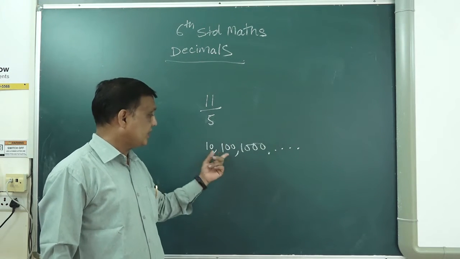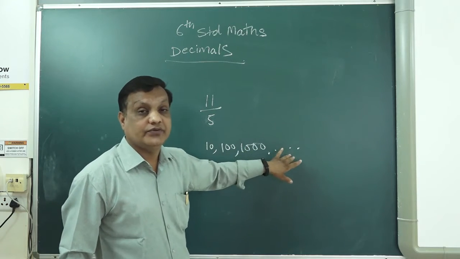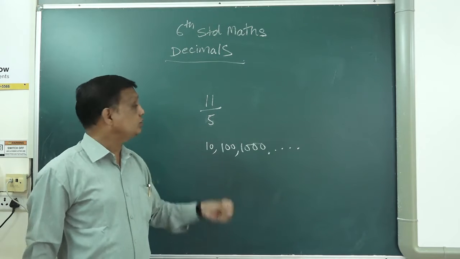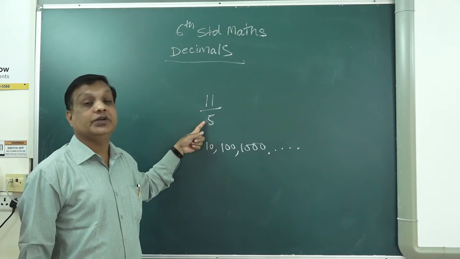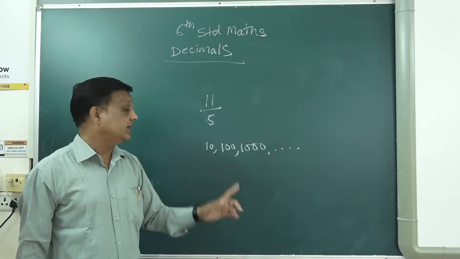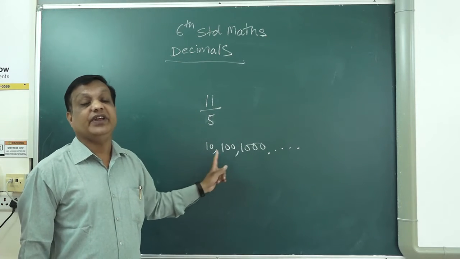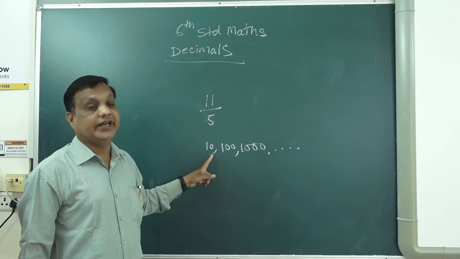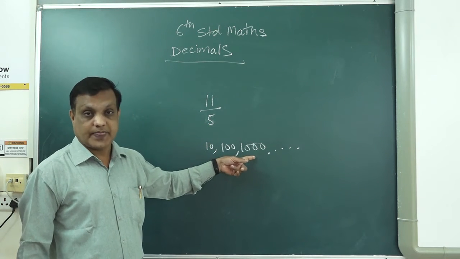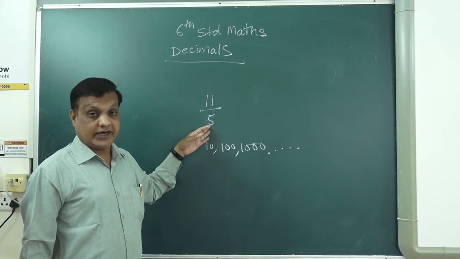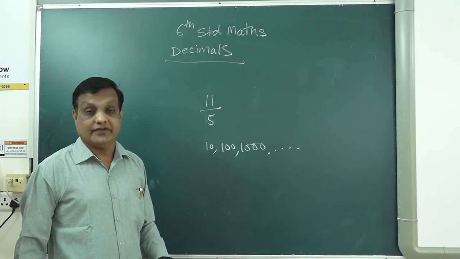If it is not there, you have to convert the denominator into 10 or 100 or 1000.